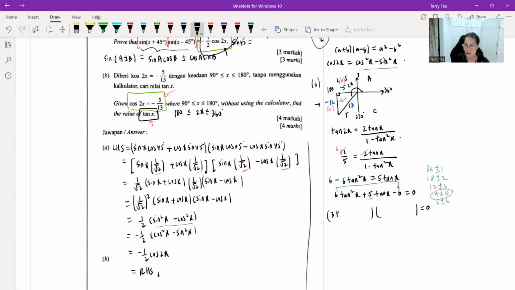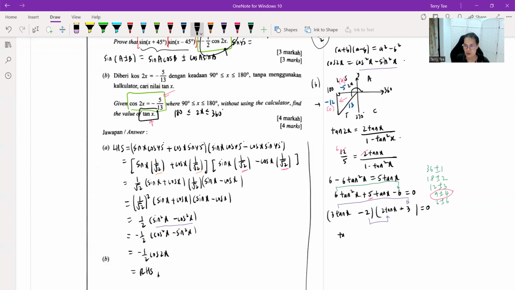So to get 9 and 4, I put 3 and 2 first. One of these must give us 9, this one must give us 4. So to get 9, I put 3. To get 4, I put 2. And in order to get positive 5, the bigger number 9 is positive and the smaller number 4 is negative.